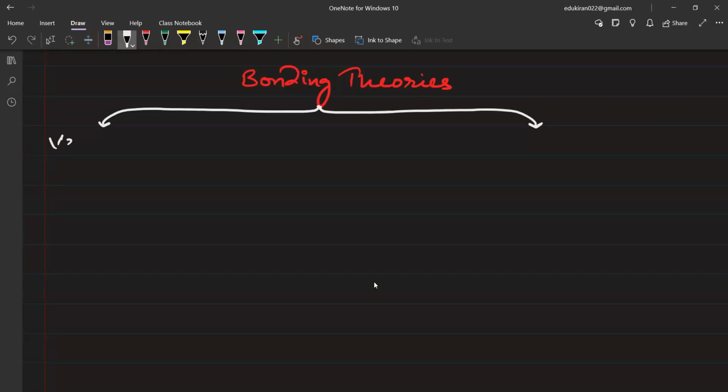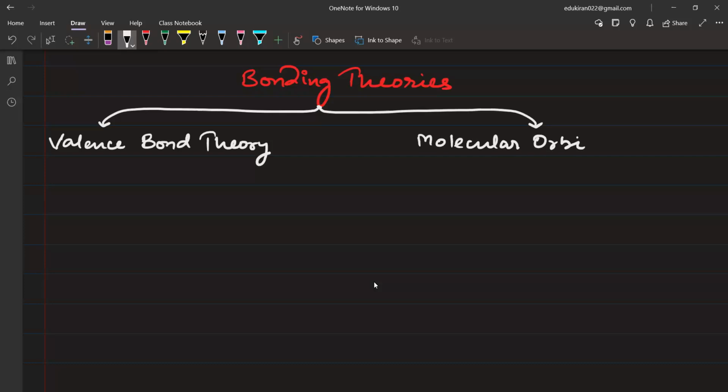First one is known as valence bond theory. The other one is known as molecular orbital theory. We call this VBT and this we lovingly call MOT. So first of all, we'll understand valence bond theory. Then we will look at the molecular orbital theory.